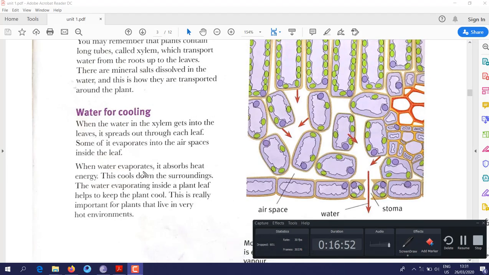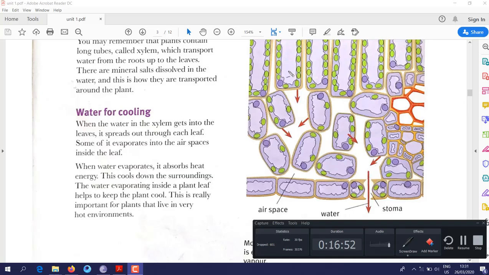Then water for cooling. The plant is the same as us, as humans. When we feel hot, what will happen? Our bodies will start sweating. By sweating, our bodies will cool down. The same thing is happening in plants. When plants absorb water, the water gets in the xylem and then into the leaves.